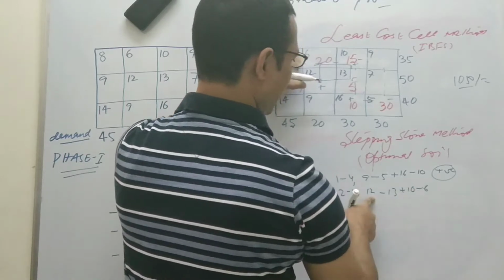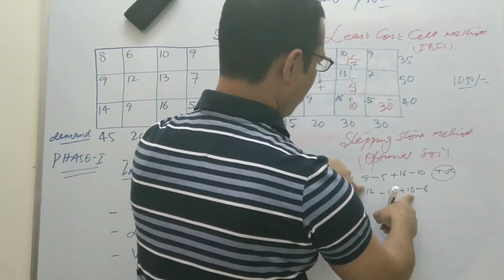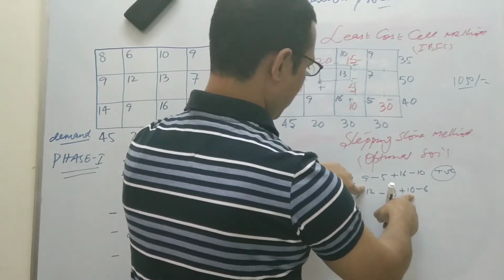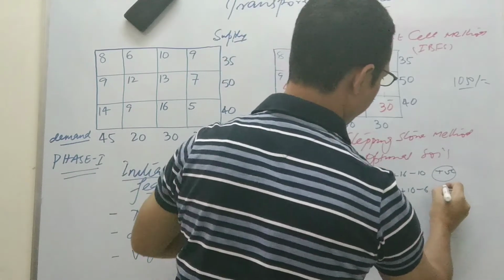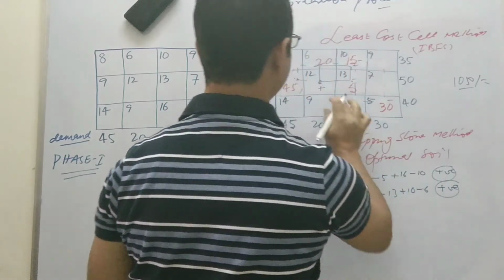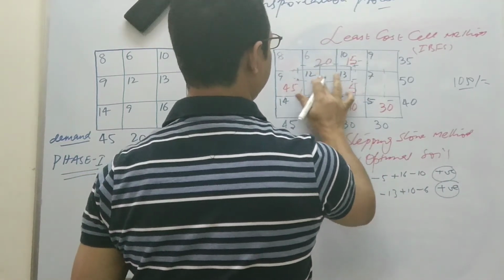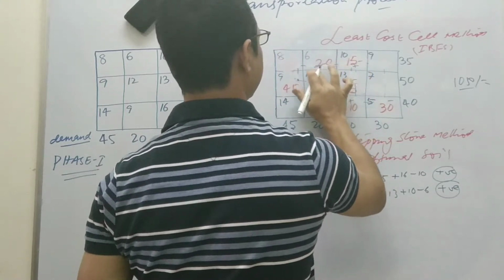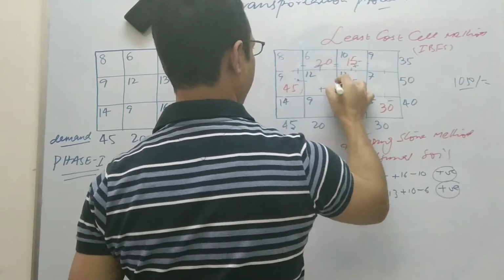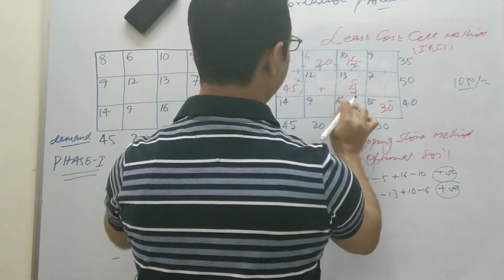What is the result? 12 plus 10 is 22, and 13 plus 6 is 19. So it is positive. This cell is not going to give you any reduction in value.